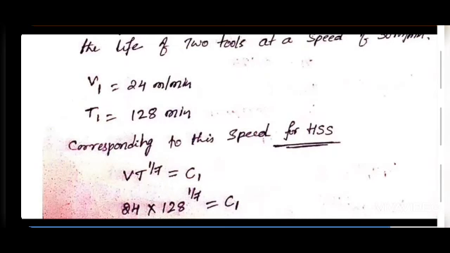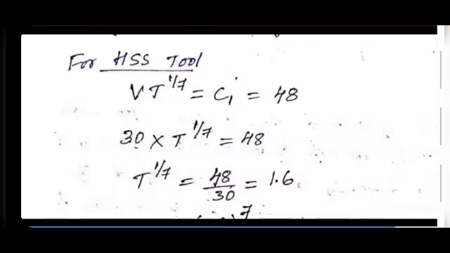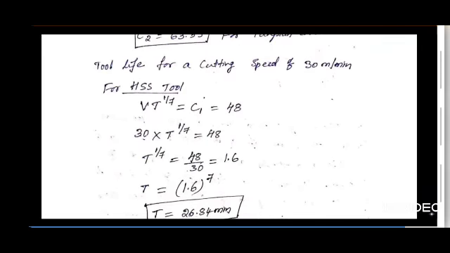Once you find C1, what is the value of T2 for the HSS tool? V t to the power of 1 by 7 is equal to C1, 48. If you substitute 30 meter per minute cutting speed, the tool life is 26.84.